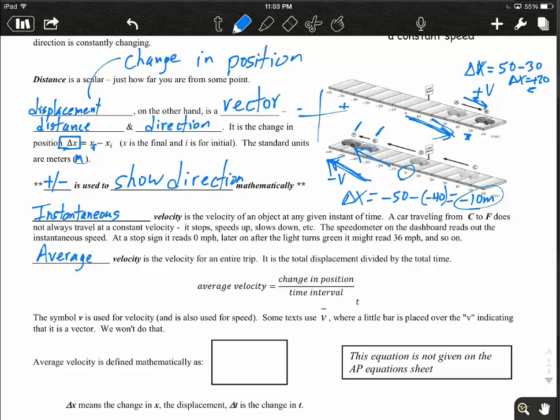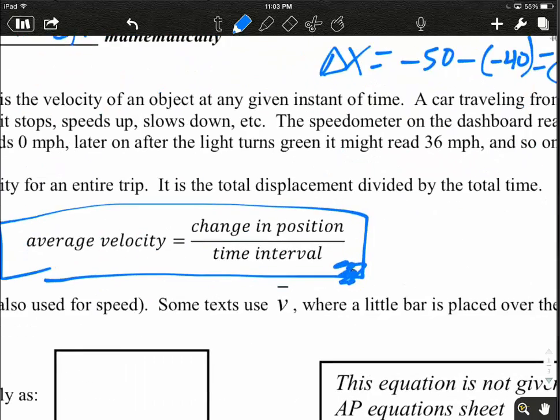Just realize that whenever we use that equation that we came up with, and just ignore this t here, I'm not sure what that was, we have the average velocity is change in position over time. Now this has to be the change in position in this time interval.